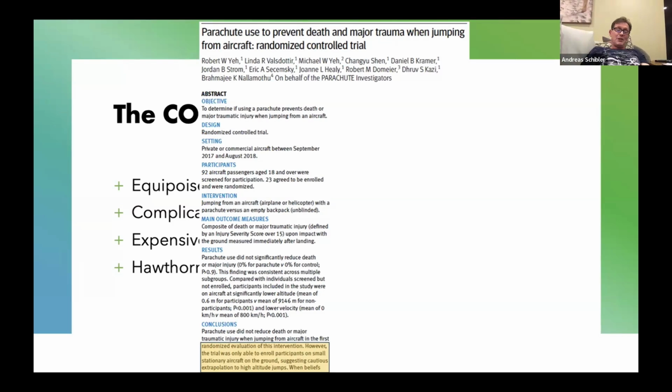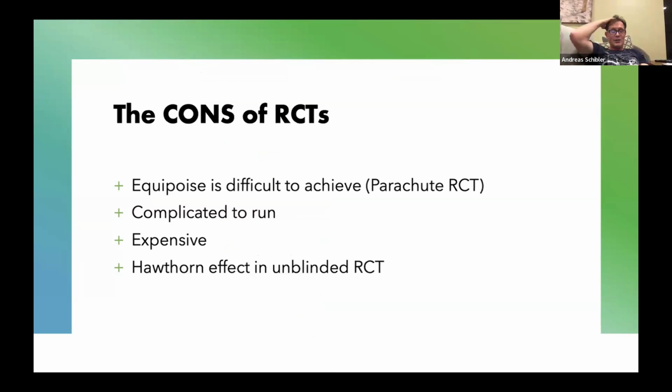Or if the airplane had been 10,000 feet above sea level, they would have shown a very clear different outcome. So that's what it is. So make sure that you have a clear definition of where you're going to. Randomized controlled trials are utterly complicated to run because you have so many layers.